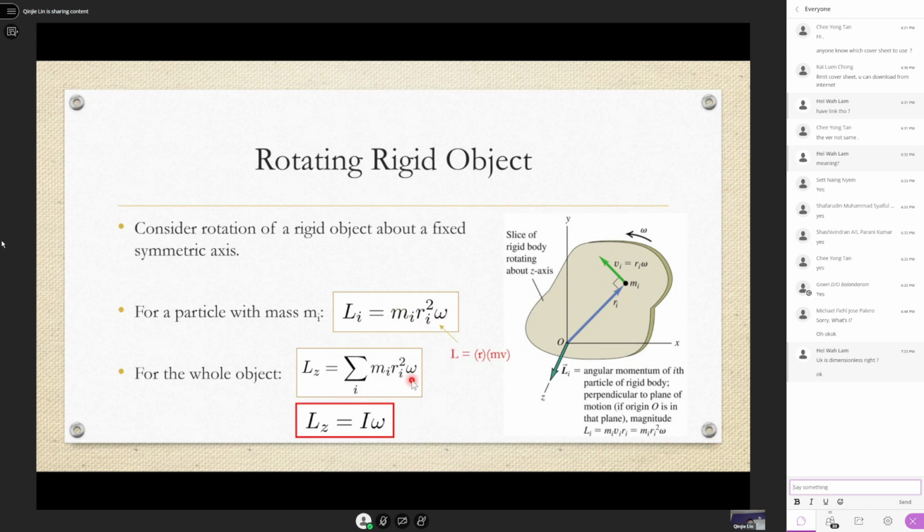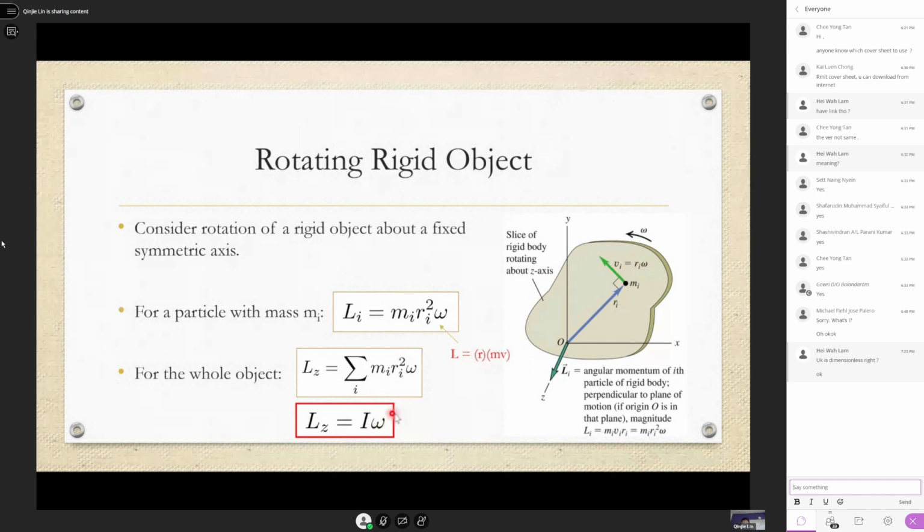And then you realize something special here. This mR squared, remember what it was? It was the moment of inertia that we have been studying, because moment of inertia equals mR squared, right? So you can rewrite this whole thing to become just I omega. Okay, so angular momentum equals I omega.